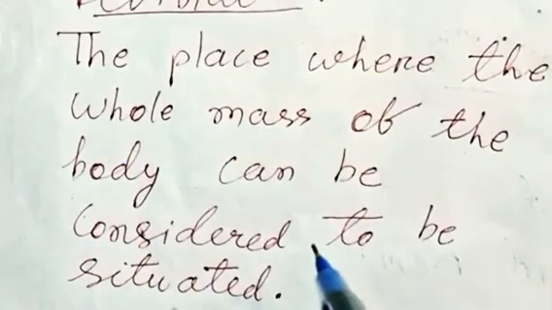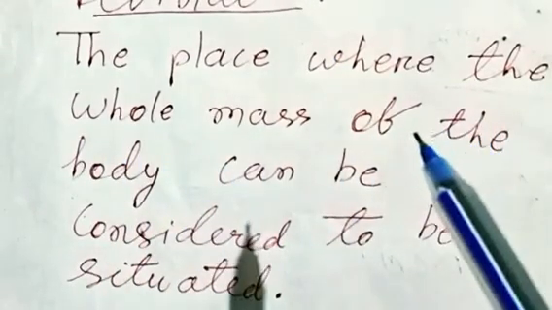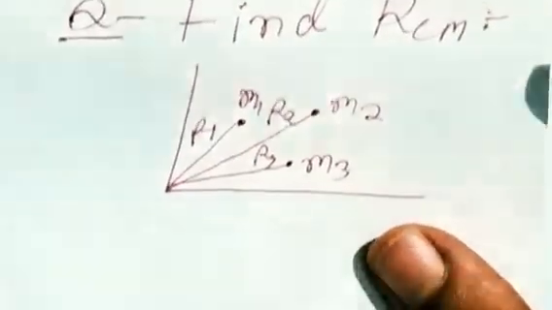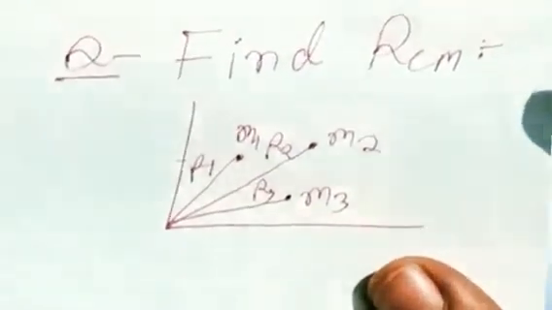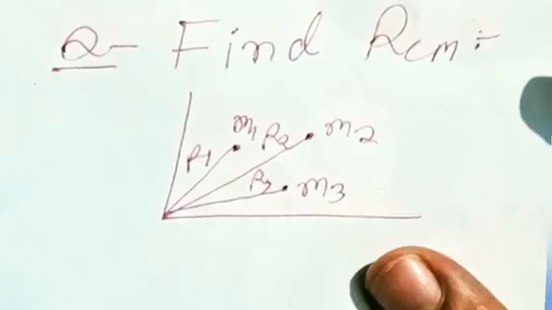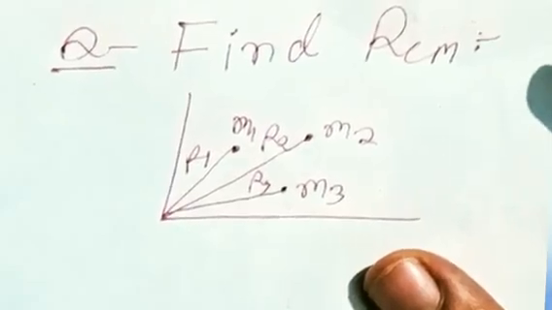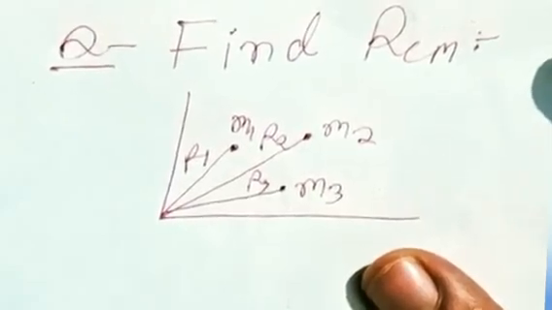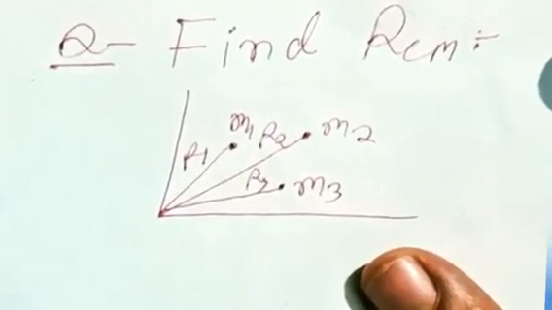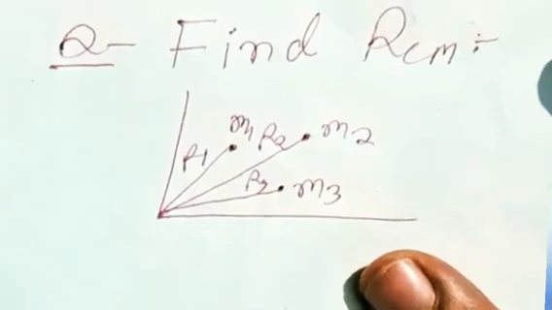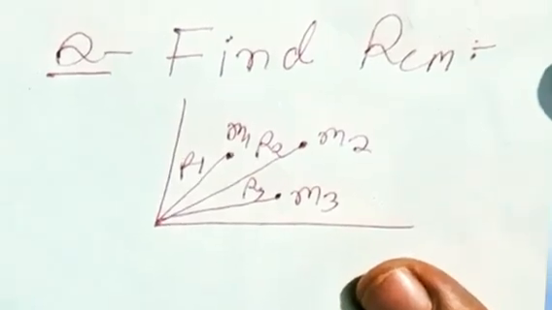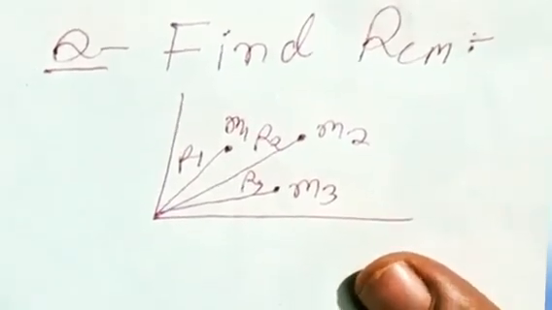And by the end of this video, you will be able to solve this question right here, where you have to find the RCM, or the center of mass position vector, in this system. And this would be the question for you for today's lecture.